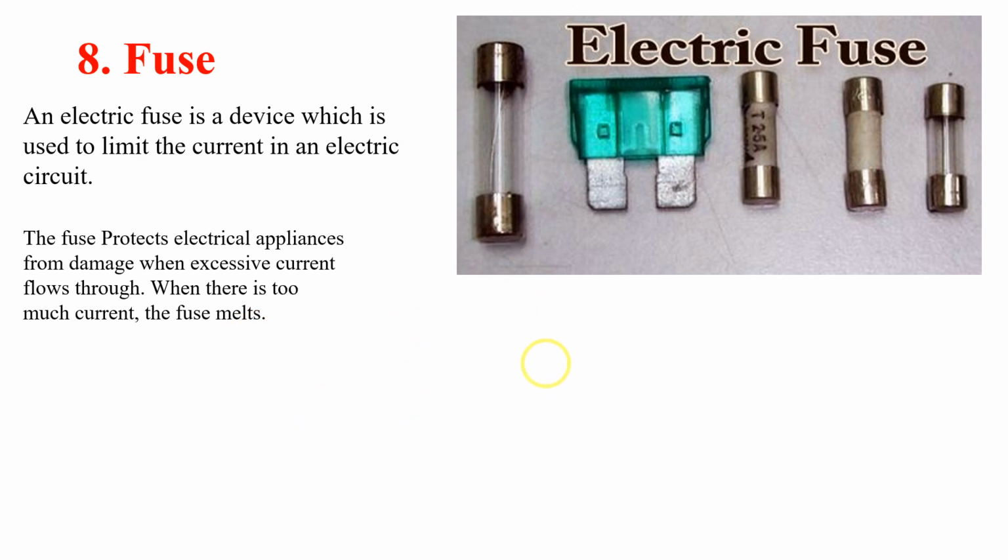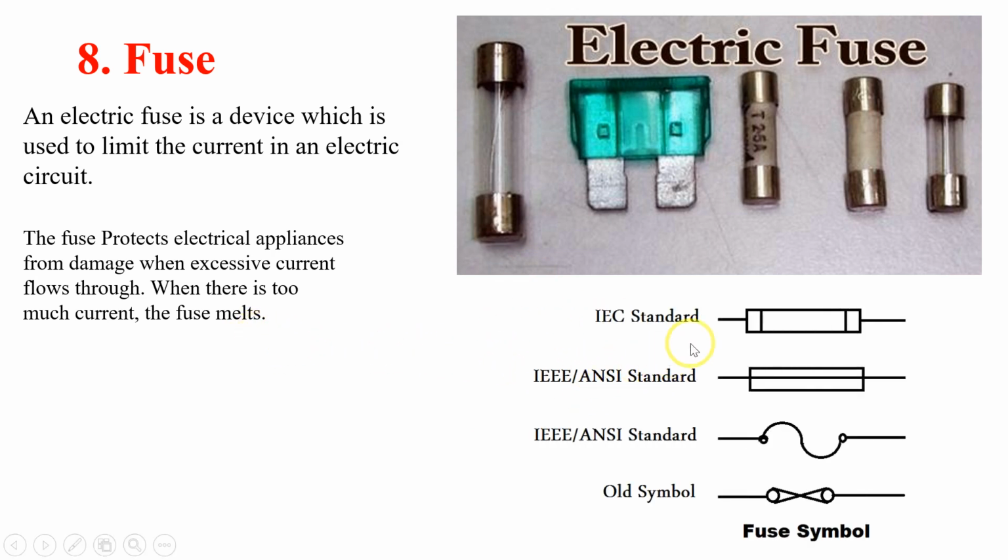So the fuse prevents the electrical appliances from being damaged. There are many different sorts of fuses. You can see over here the different symbols used for a fuse. You can use any one of them for representing it in the electrical circuit diagram.